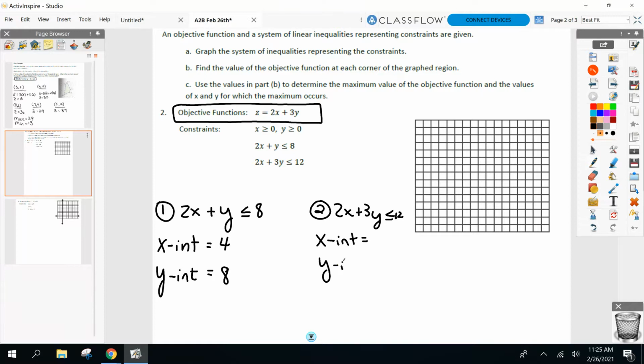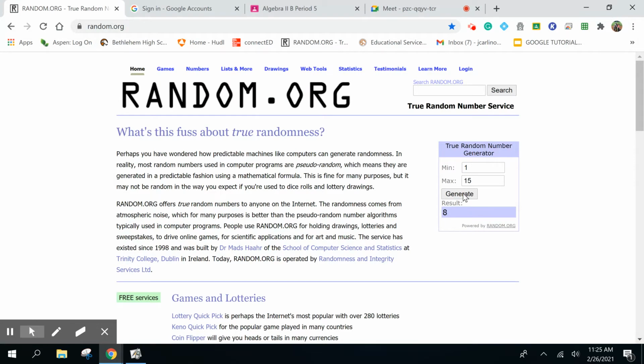Find the x and the y intercept. Okay, what do you got?